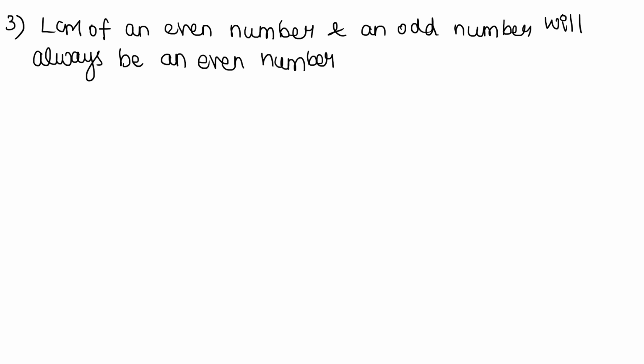Let's take some examples for better understanding. Now we will take the LCM of 14 and 3. 14 is an even number and 3 is an odd number. I will multiply 14 into 3, and I get 42. So the resultant answer is an even number only.